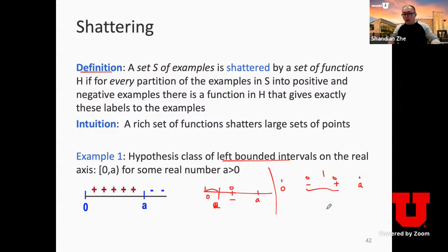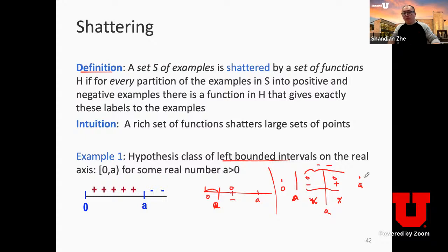If you put A here, in the middle, the point outside of the interval will be predicted as negative, and inside will be predicted as positive. Of course, both predictions are wrong. If you put A to the left of the left point, then both points, because they are outside of the interval, will be classified as negatives.